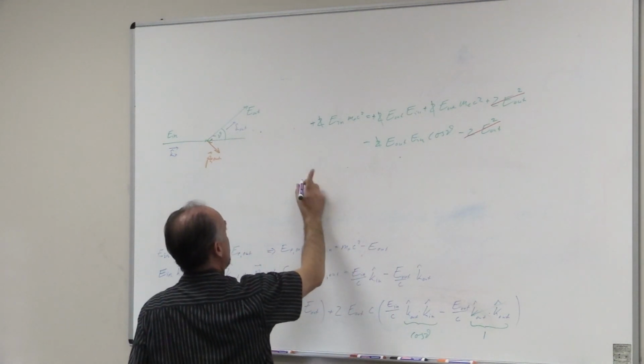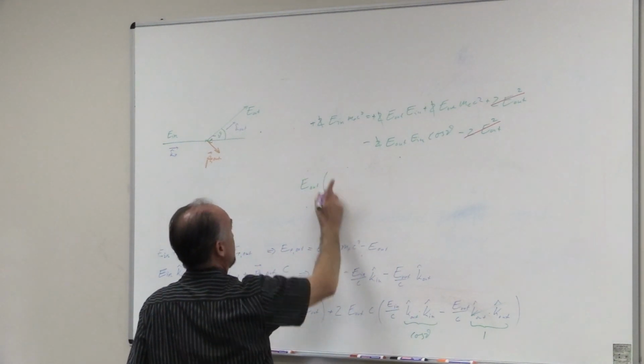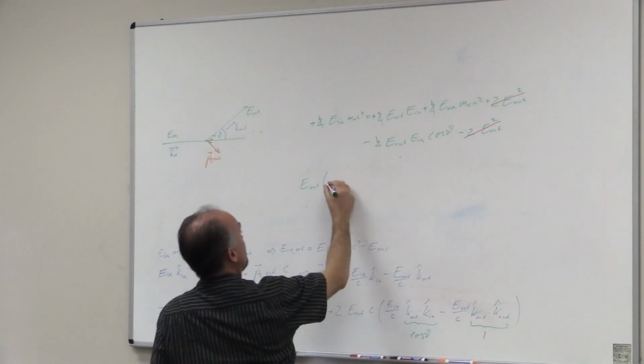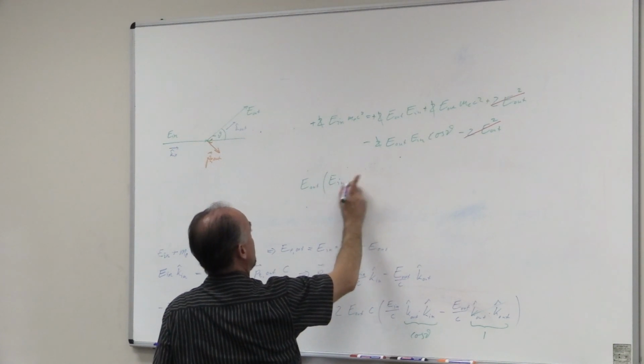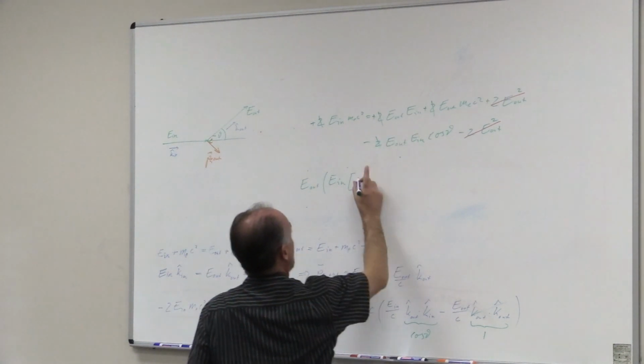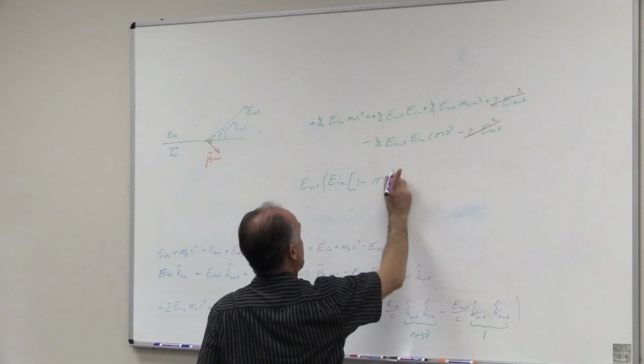So then we have E_out, E_in, minus cosine theta.